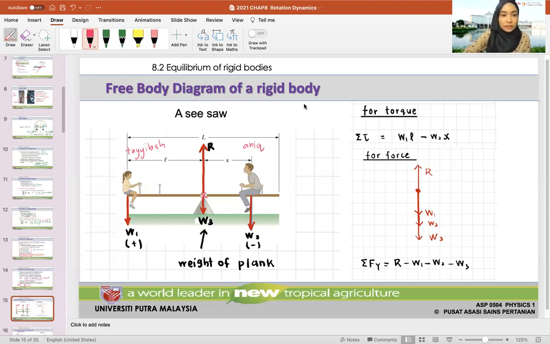Okay, good one, Zafran. Alright, so we defined our mg's: weight 1 equals m1 g, m3 g, m2 g. Ni recap balik chapter 3. And then we have R. Why do we have R over here? What is the condition to have R?